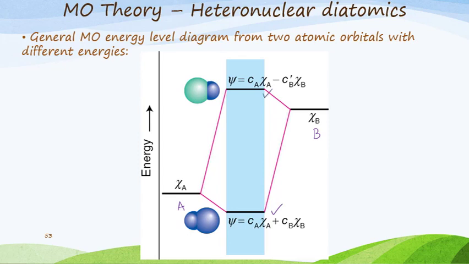You will see that the major contribution for the bonding orbital goes to atom A, while the major contribution for the anti-bonding orbital is closer to atom B. This is all decided from the orbital energies, from that table that I will give you.